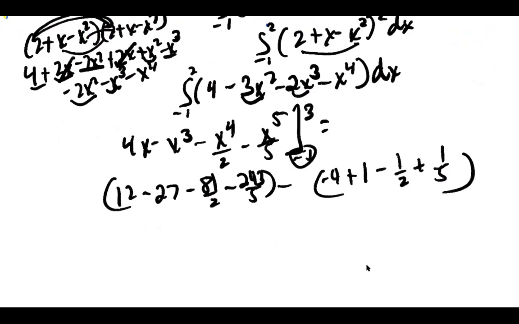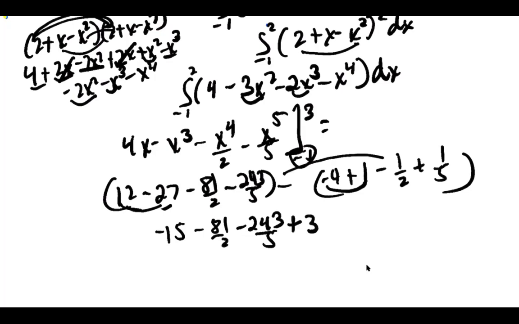Let's see, that's going to be negative, let's just write them out. -15. I'm going to leave it 81 halves minus 243 fifths. This is going to be minus -3 or plus 3.